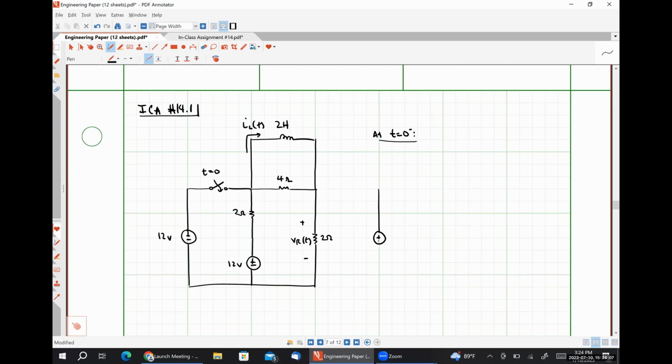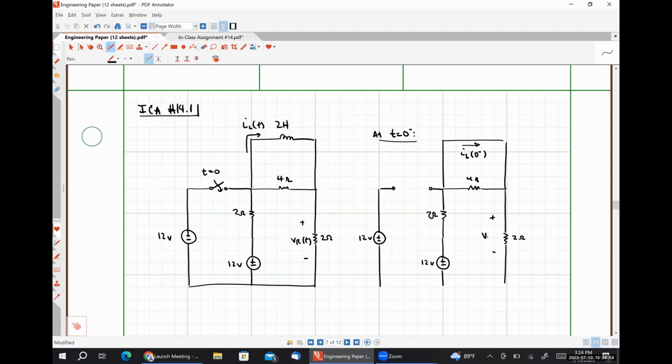So here's my 12-volt source on the left, two ohm resistor, 12-volt source, 4 ohm resistor, short circuit up here representing my inductor, second 2 ohm resistor, VR at 0 minus.